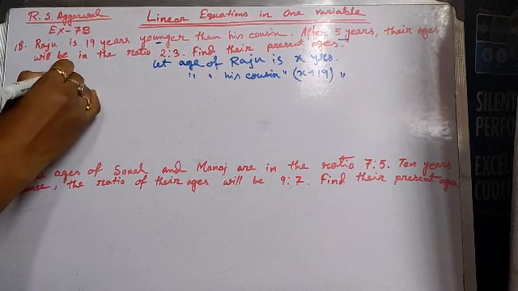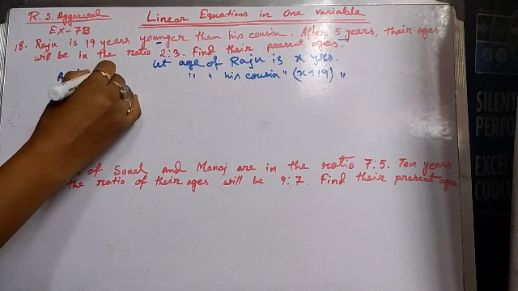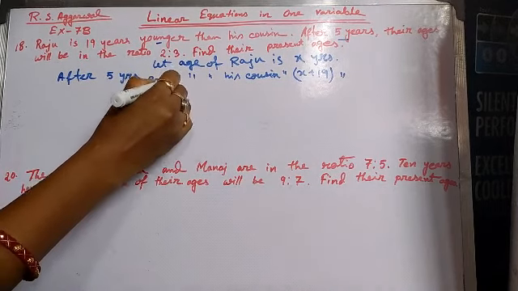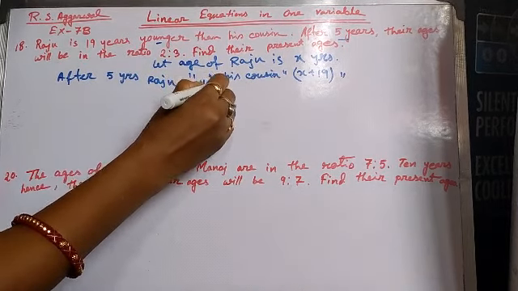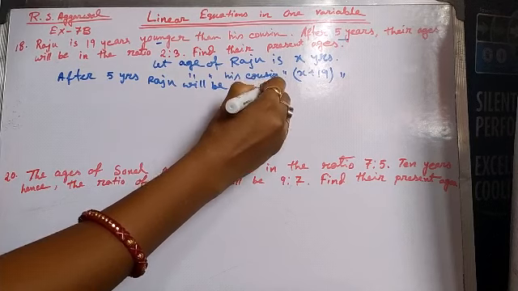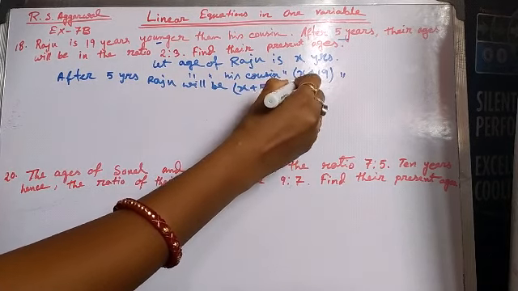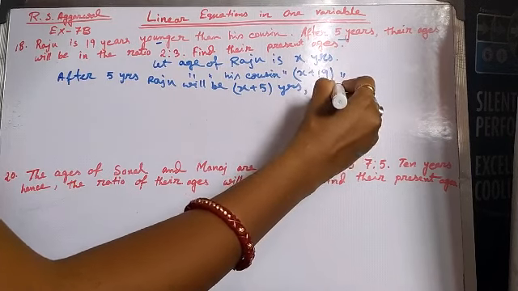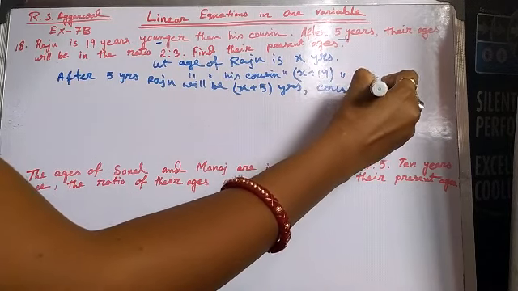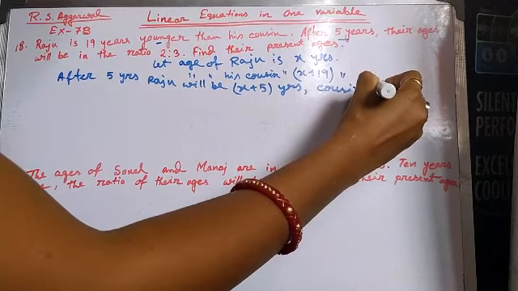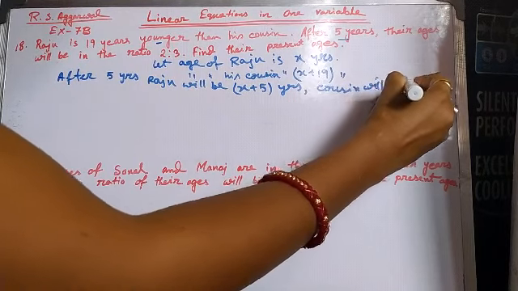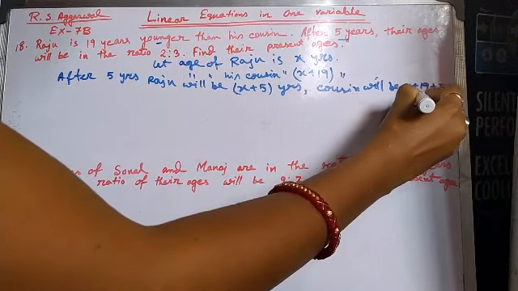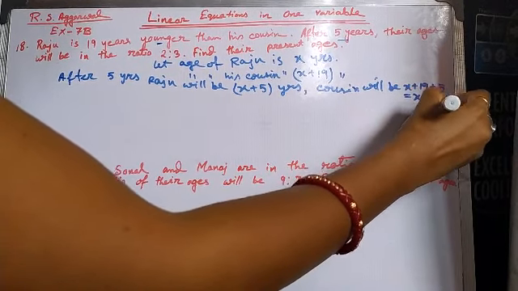That means after 5 years, Raju will be x plus 5 years. Cousin will be x plus 19 plus 5. That means x plus 24 years.